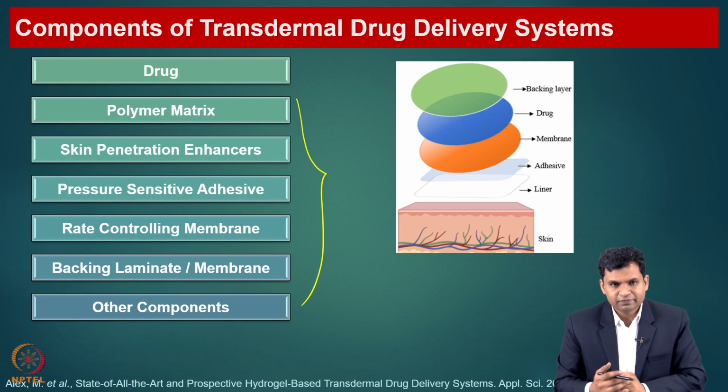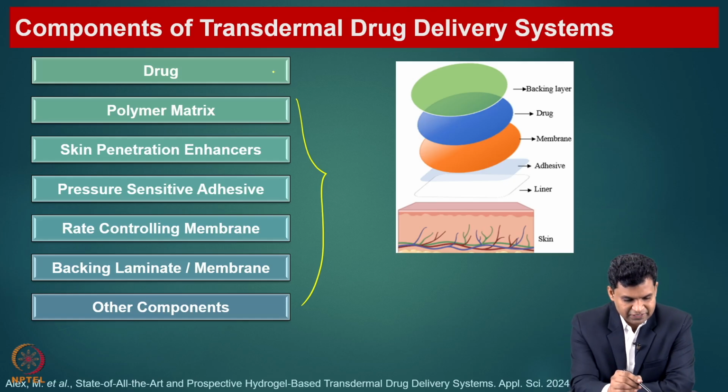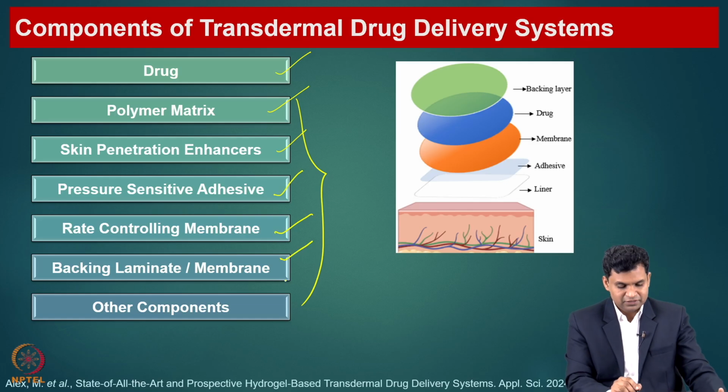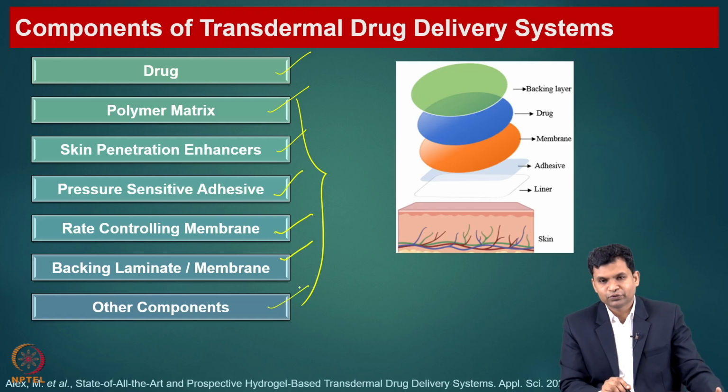Here we have the various components: of course, the first is the drug, then polymer matrix, skin permeation enhancers, pressure sensitive adhesives, rate controlling membranes, and the backing laminate or membrane. Then we will see there are other components.